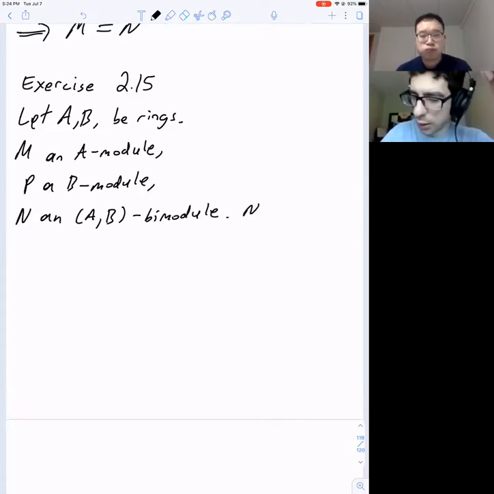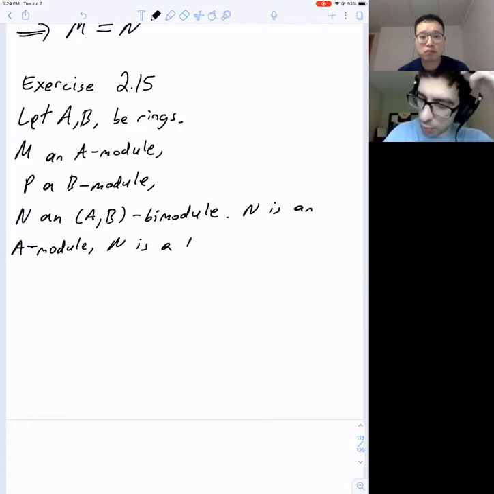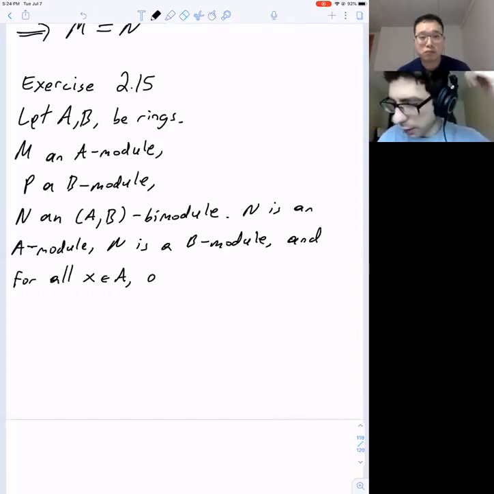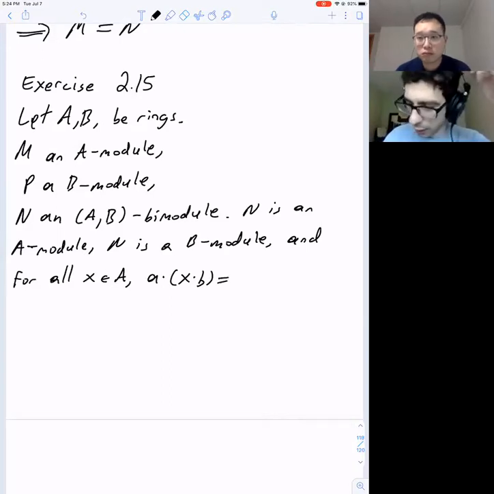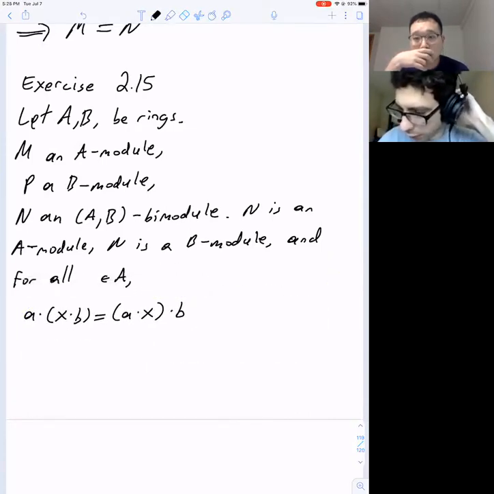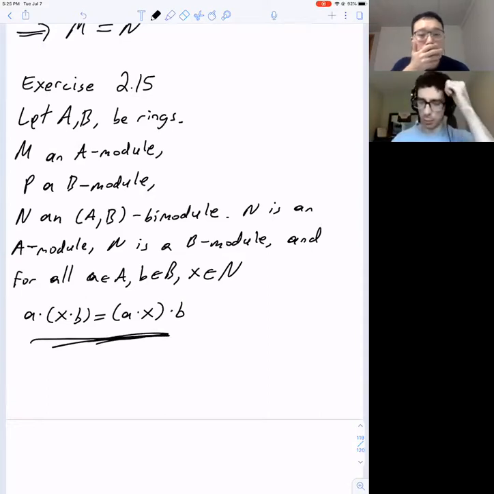What I'm trying to say is N is an A-module, and N is a B-module, and for all a in A, b in B, x in N, we have (ax)b equals a(xb). We have this compatibility.